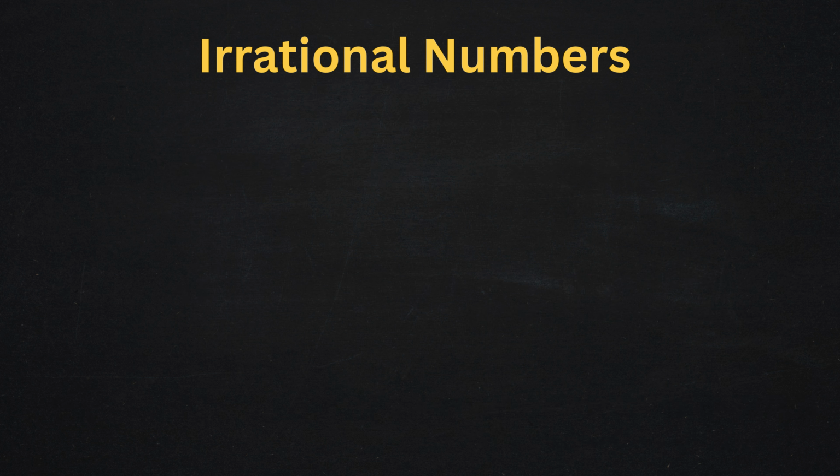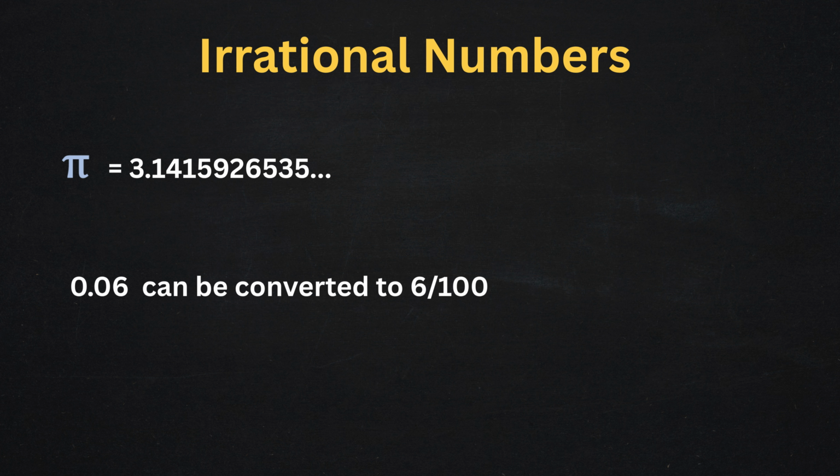Now you may ask why they all are irrational numbers. Let's take an example of pi. As the decimal values do not finish, we actually don't know how many zeros are required in the denominator to make it fraction form. As in the case of 0.06, we actually know that we need 2 zeros in the denominator to convert it to fraction form.